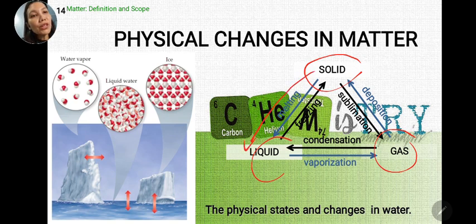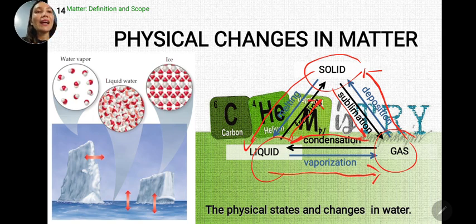So, kapag yung liquid water naman nag-vaporize, magiging gas siya. And then, kapag nag-deposition, nagiging solid siya. Kapag naman nag-sublime, yung solid magiging gas. Through condensation, yung gas magiging liquid. And through freezing, yung liquid magiging solid. So, pabalik-balik lang.